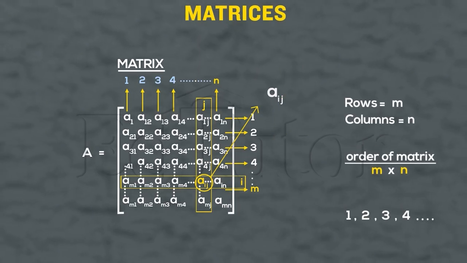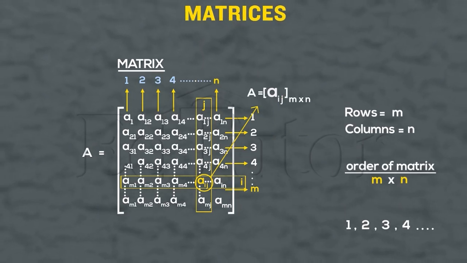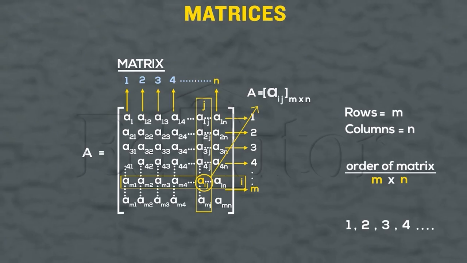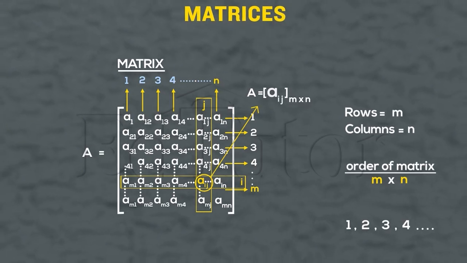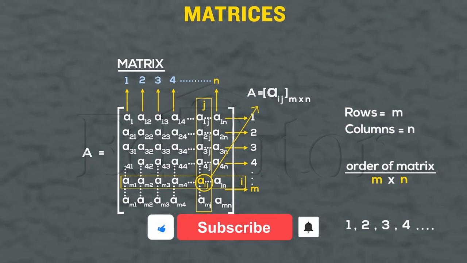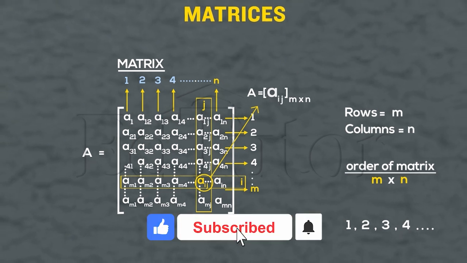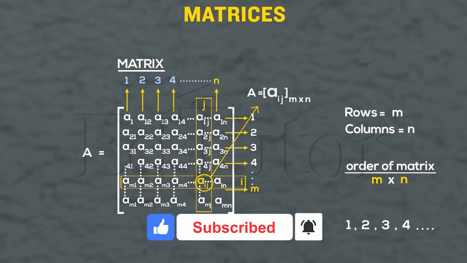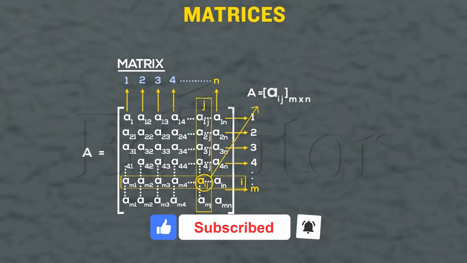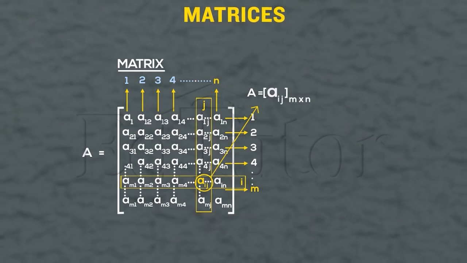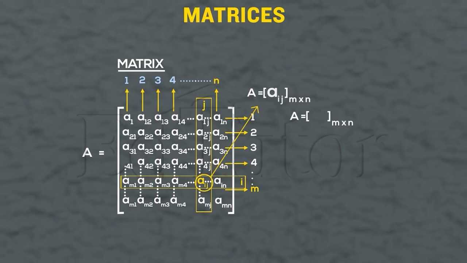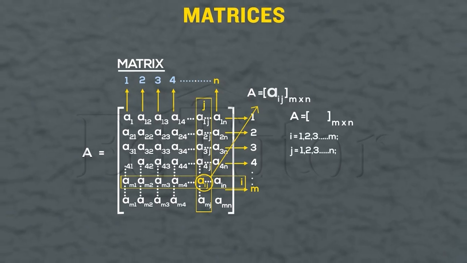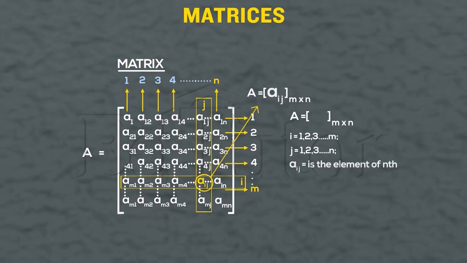This means that we can also represent this element like this, specifying that an element lies in the ith row and jth column of a matrix having order m by n. Here, we can see that the element lies in row i and column j, in a matrix of the order m by n. Pretty simple, right? Again, remember, i and j cannot exceed m and n.